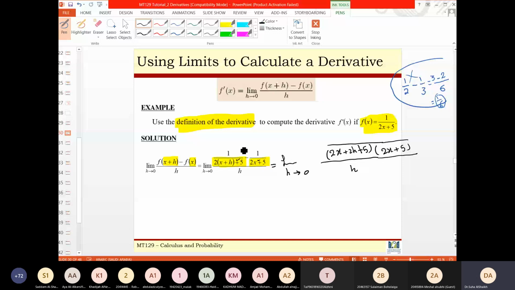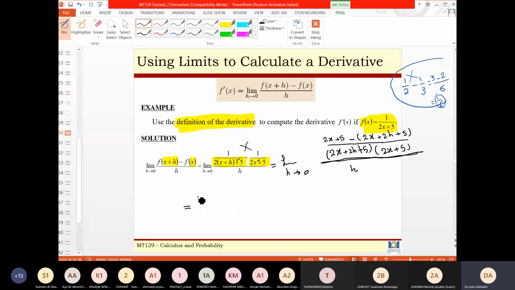Then we do cross multiplication. This amount is 2x plus 5 minus, and don't forget to put it in a bracket, 2x plus 2h plus 5. Can you see what I did here? And everything of course is divided by h. Don't forget that everything is divided by h.